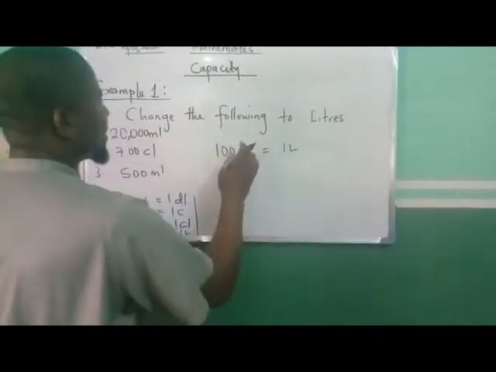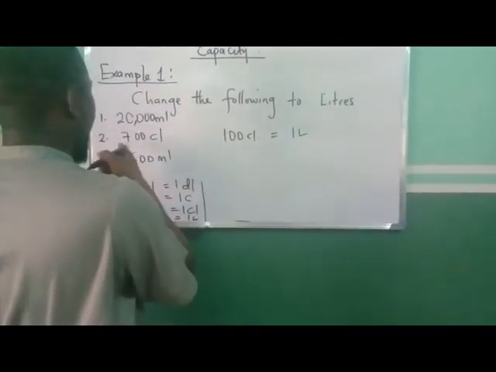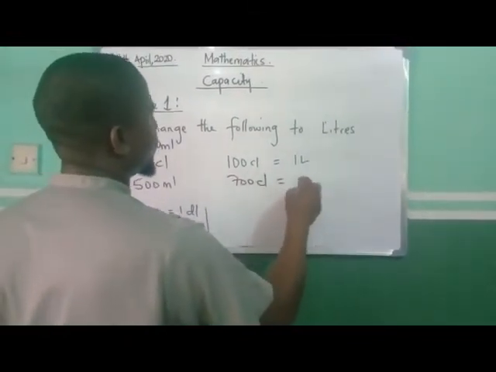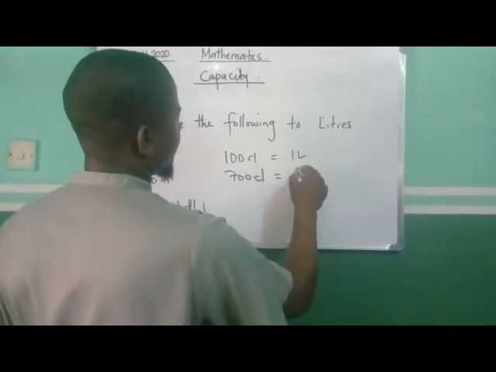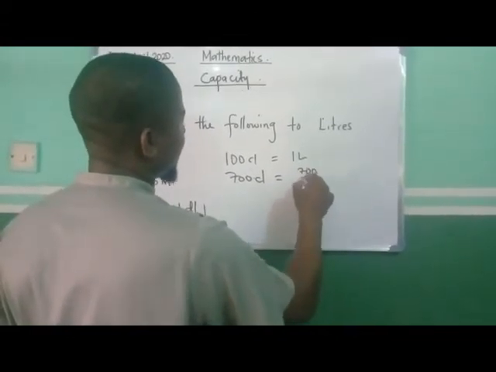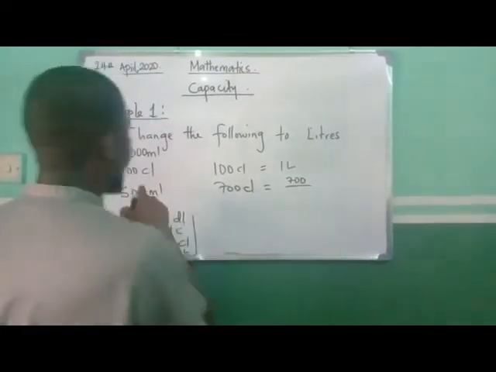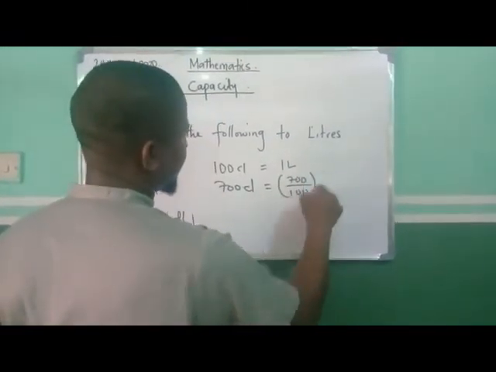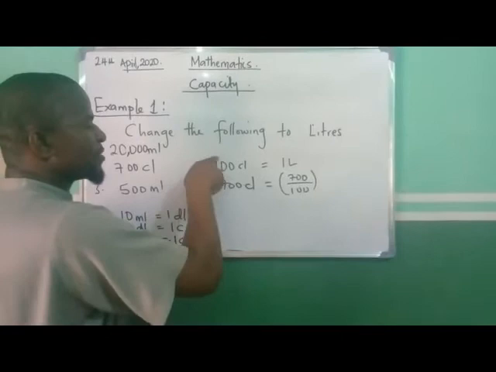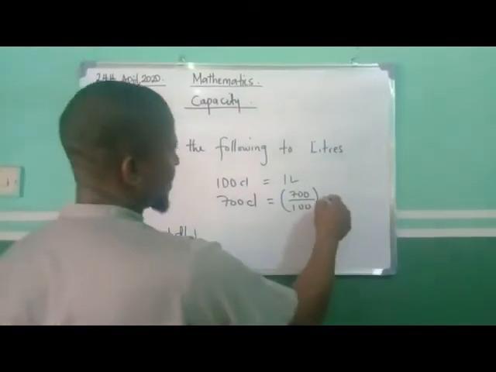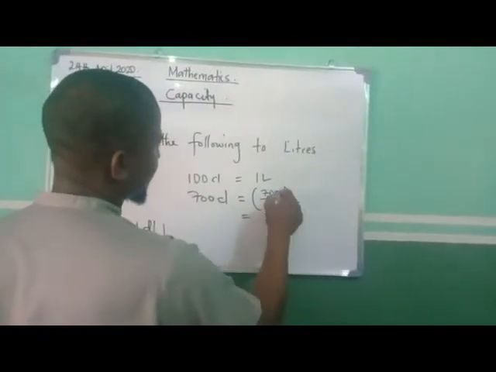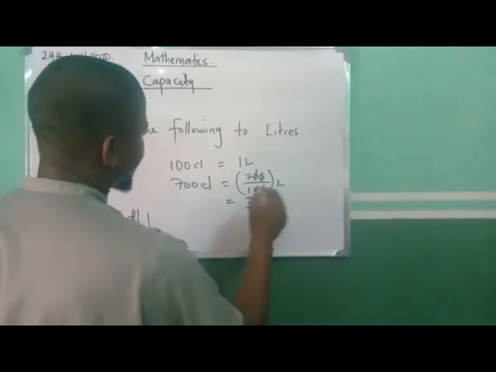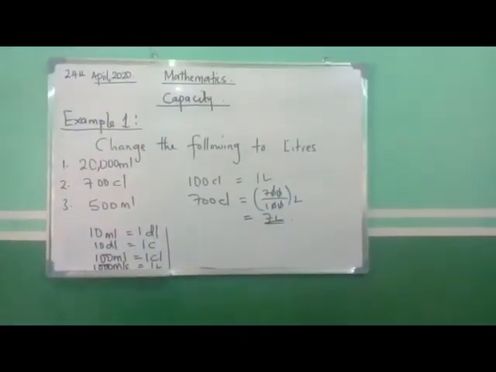So if 100 cl will give me 1 liter, I will say 700 cl will give me 700 divided by the standard for the measurement, 100, the number that shows the relationship between them, liters. 0 will cancel 0, 0 will cancel 0. I have 7 over 1, which is 7 liters. I hope we're together.